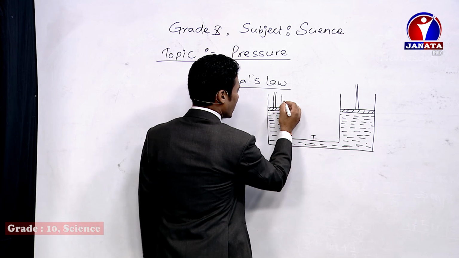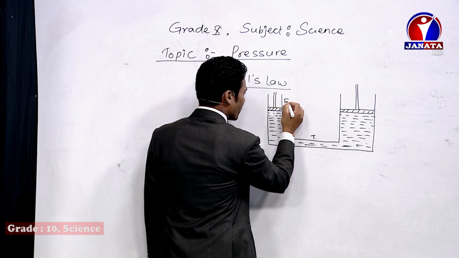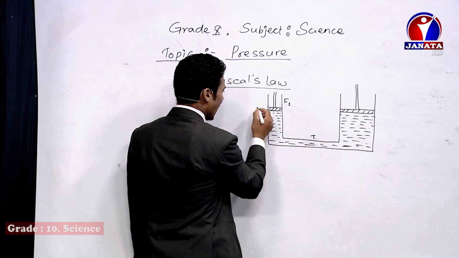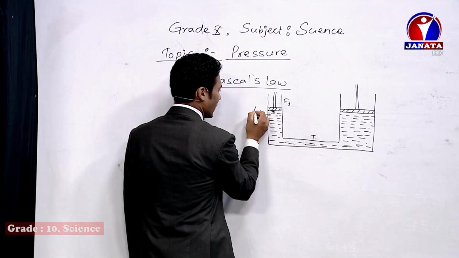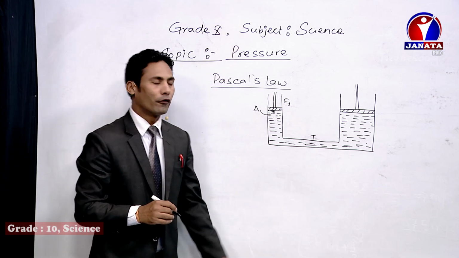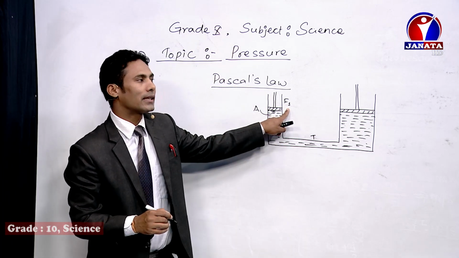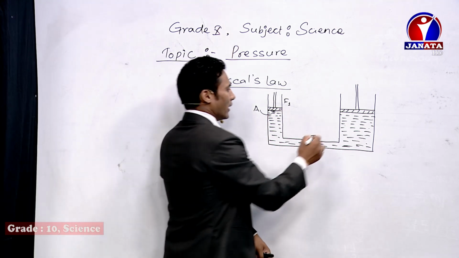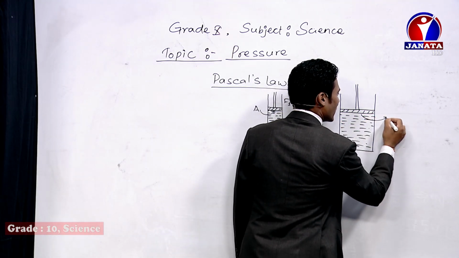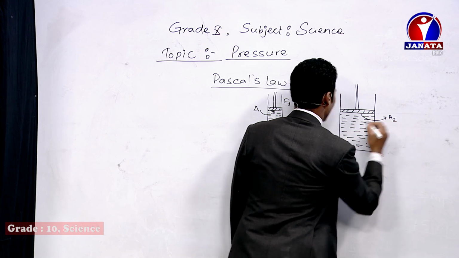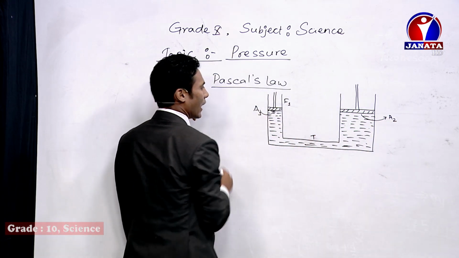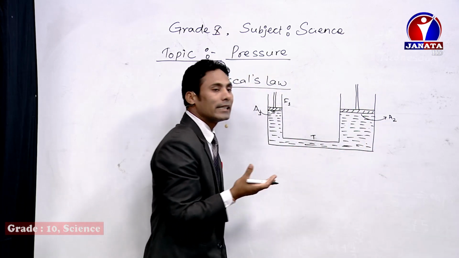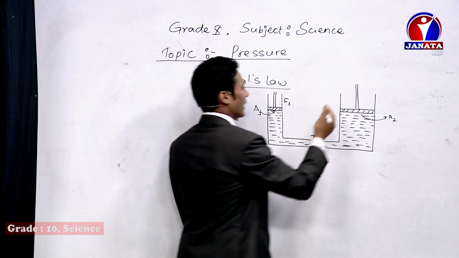Let's say the force applied on the first piston is F1, and its cross-sectional area is A1. Similarly, the cross-sectional area of the second piston is A2, and the force created on it is F2.